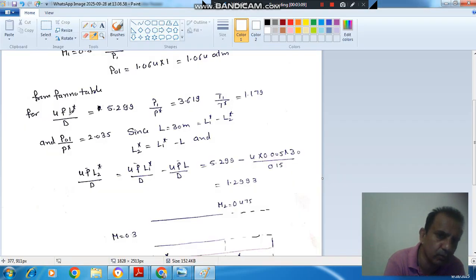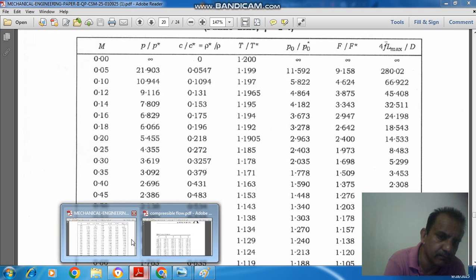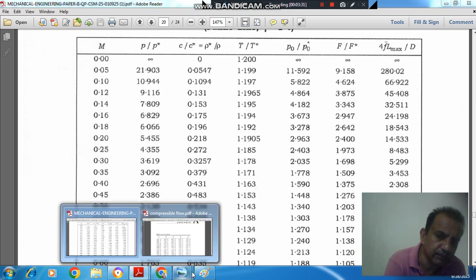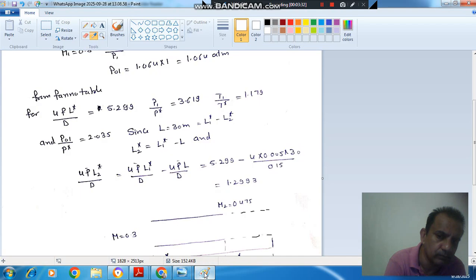So here 4f L star or L max by D is 5.299, P1 by P star is 3.619, and T1 by T star is 1.179. These data we can note down according to Mach number 0.3.